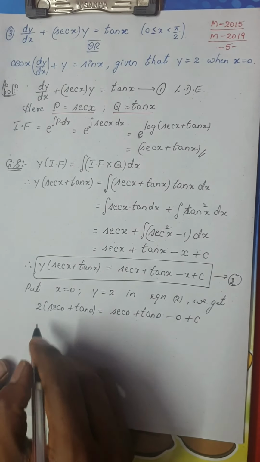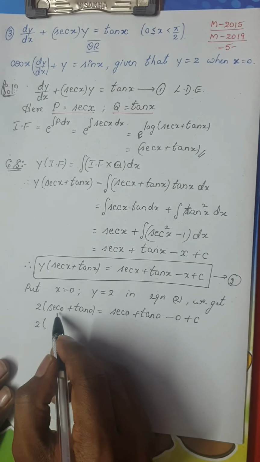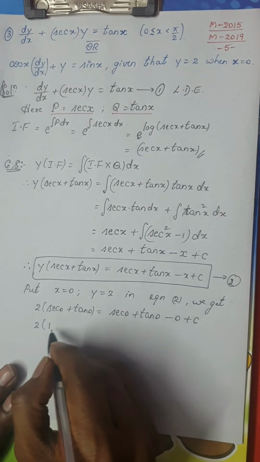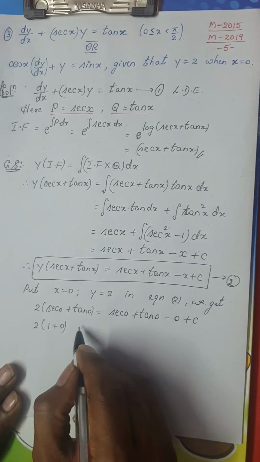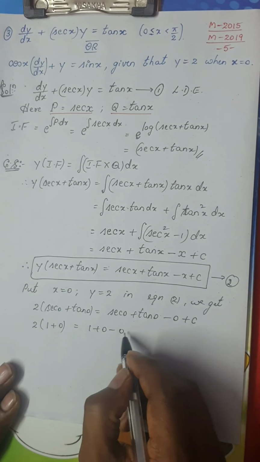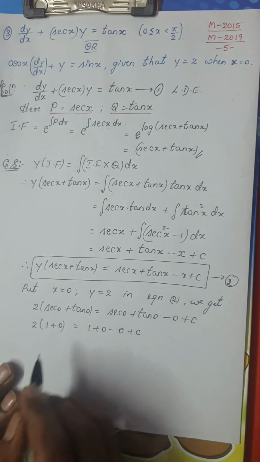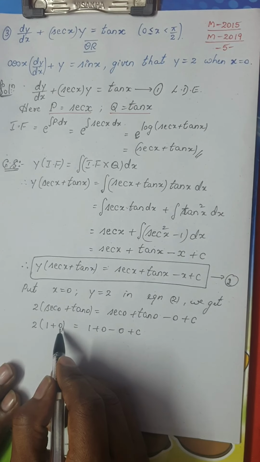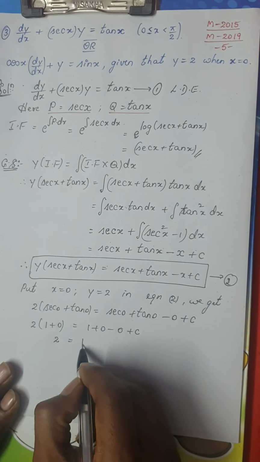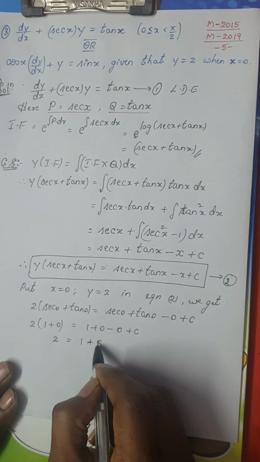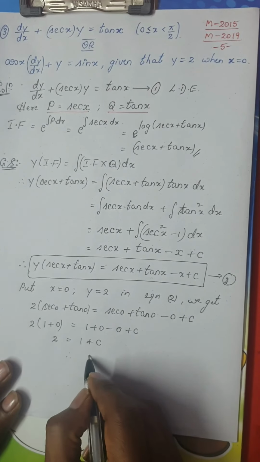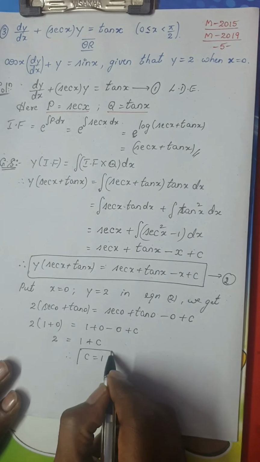Now secant 0 is 1 because cos 0 is 1, and tan 0 is 0. Similarly, it is 1 plus 0 minus 0 plus c. So 1 plus 0 is 1, and 1 times 2 is 2. This is nothing but 1 plus c. If you bring the term to the left hand side, you will get c is equal to 1.